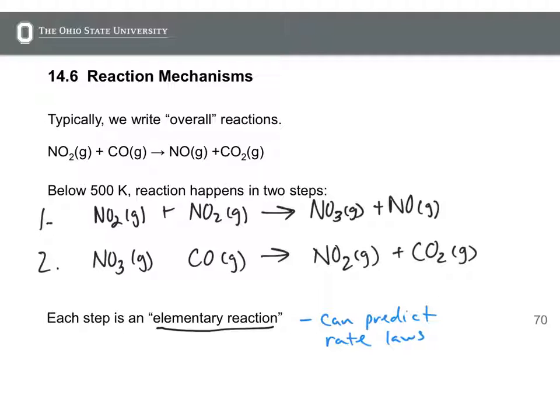One of the other important things to note is that in the first step, NO3 is formed, but then it is consumed in the second step. And it doesn't appear in the overall equation, overall reaction. So we refer to NO3 as an intermediate.